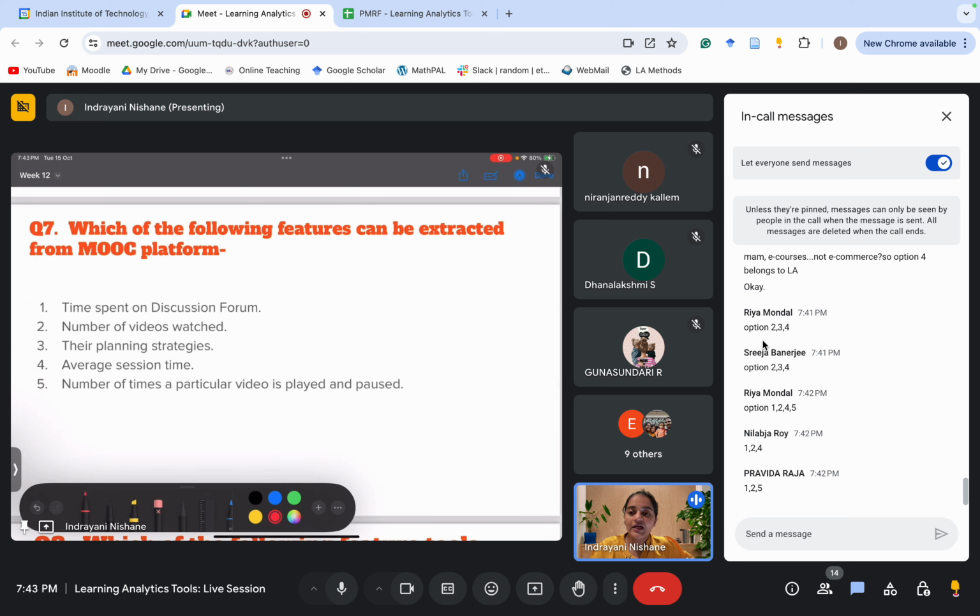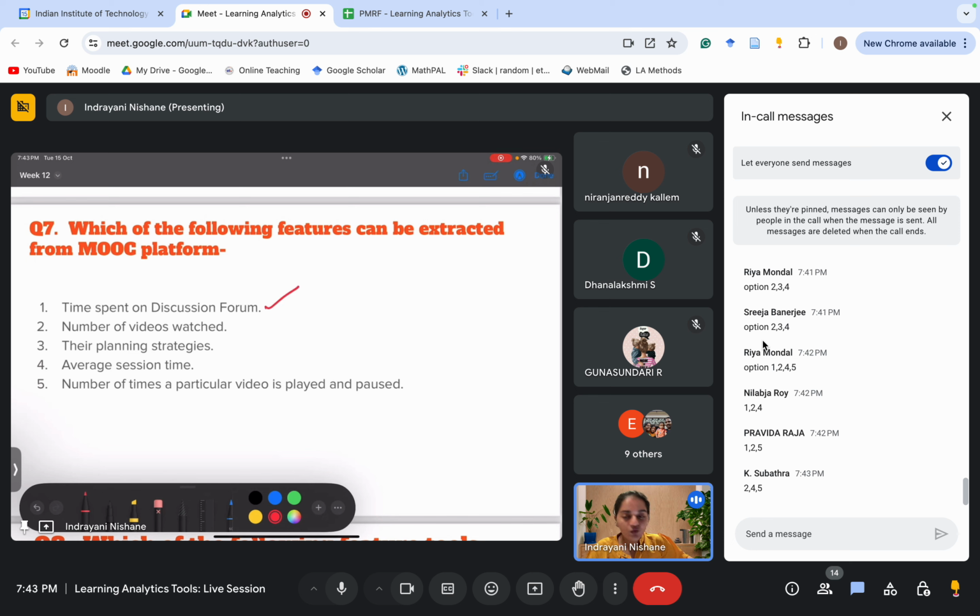So can we calculate the time spent on a particular page such as discussion forum? Because there is a timestamp getting captured with every action. So based on the timestamp, we can calculate the time spent on a particular action, right?